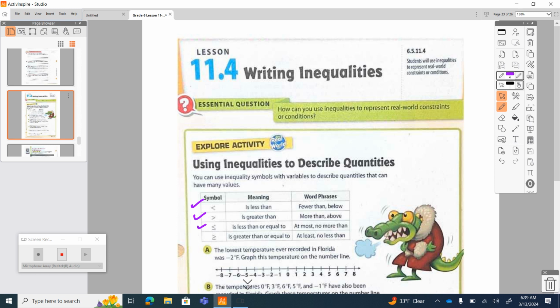And really the key is you want the greater value, and if it's written this way, you have the greater value on this side. So if you forget which is greater than or less than, we always talk about a little crocodile mouth or a Pac-Man open towards the number that has a larger value.